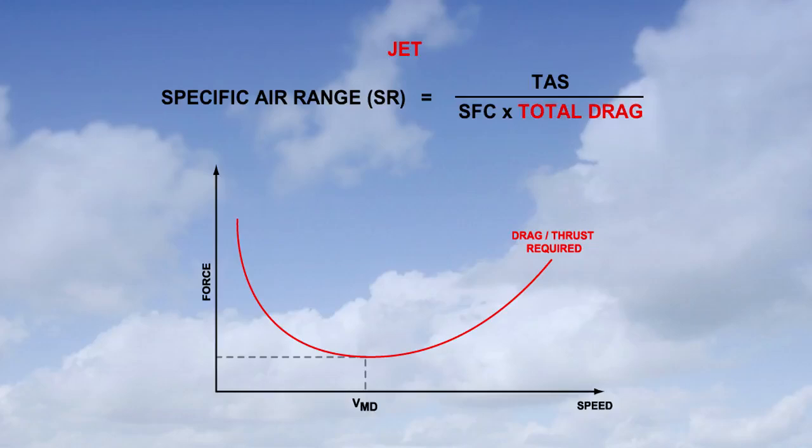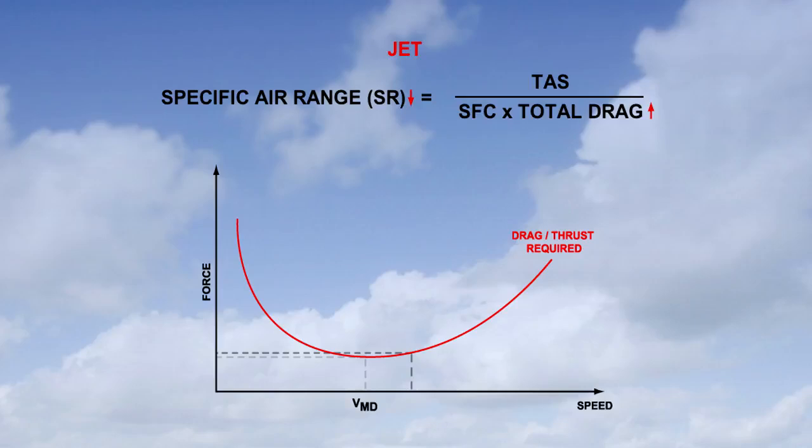Referring to the formula, it seems we have solved one of the points, namely how to make drag as low as possible. However, looking at the graph, notice that because the drag curve is fairly flat at the bottom, the speed may be increased significantly from VMD for only a small drag penalty.